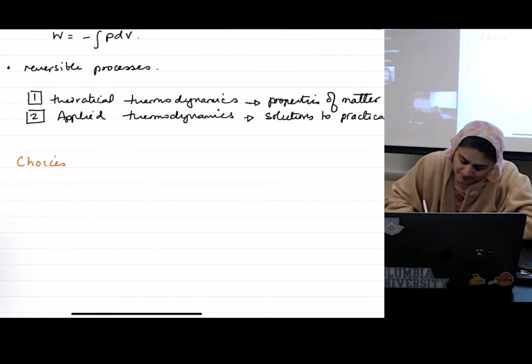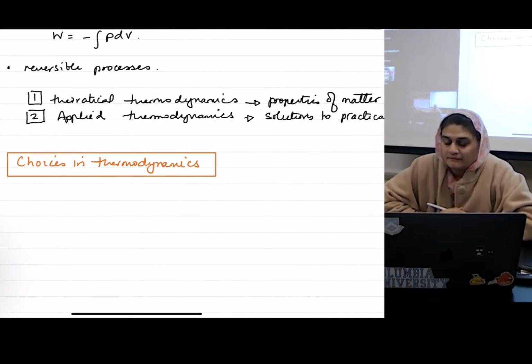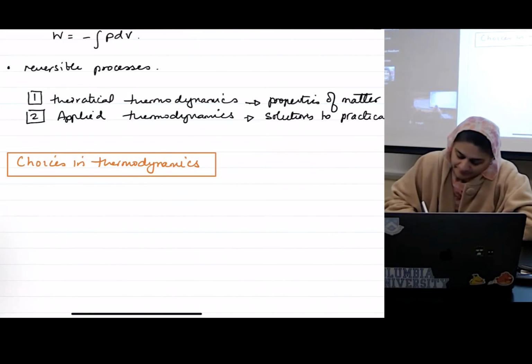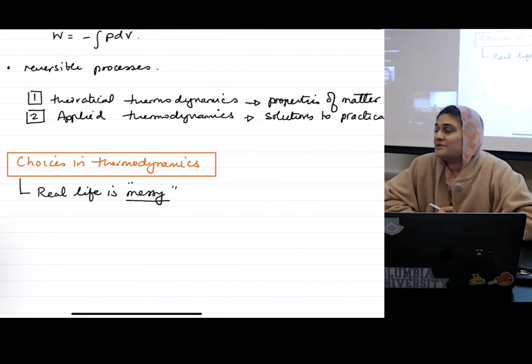So, choices in thermodynamics. Real life is messy. How does thermodynamics deal with this mess?